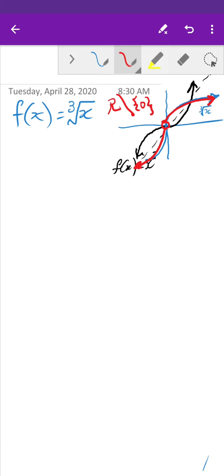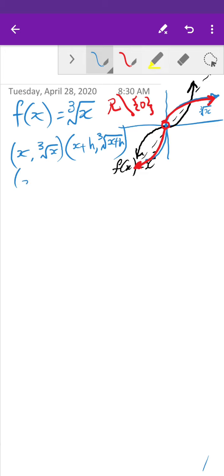So let us have a look at finding the derivative between x, the cube root of x, and x plus h, the cube root of x plus h. So there are 2 points we will go between.